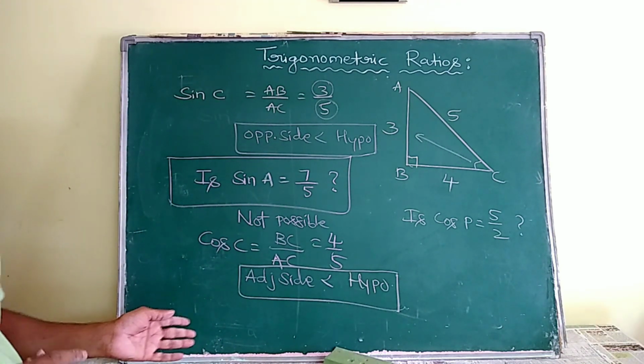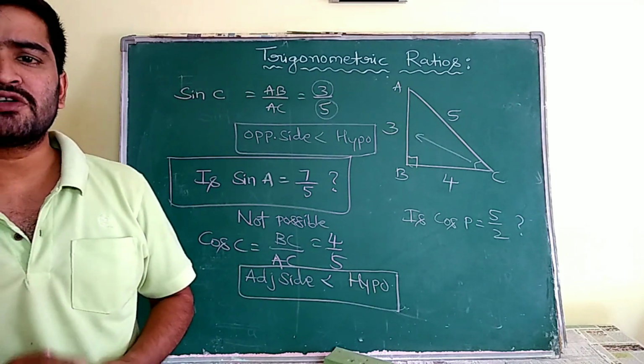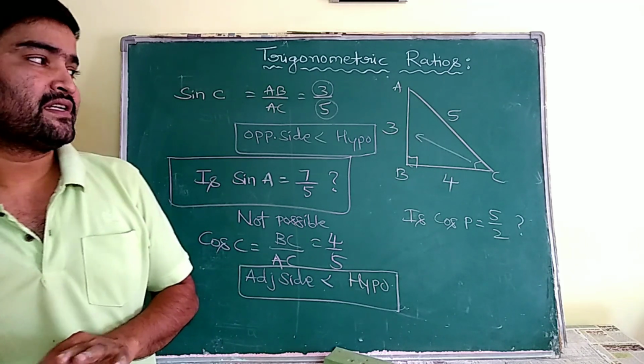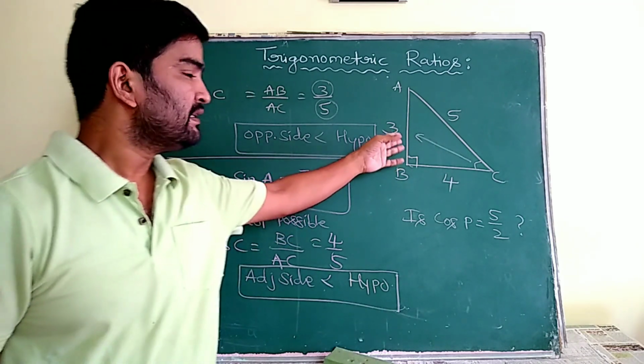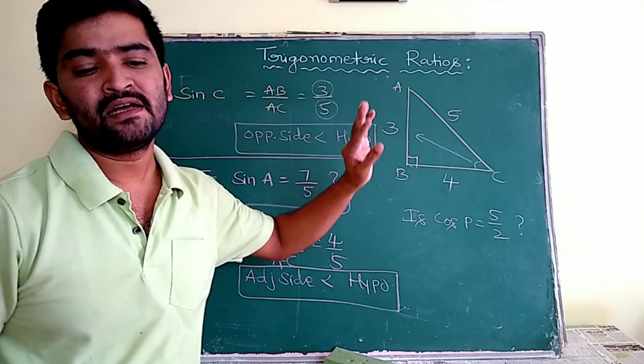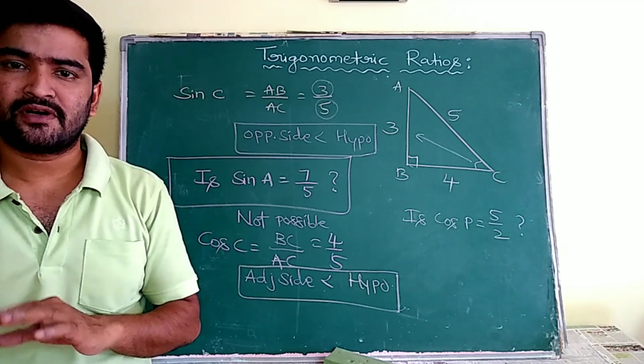Coming to tan and cot, those may be less than 1 or more than 1. Why? Because we are not going to specify whether the opposite and adjacent sides are lesser or greater. They may alter from time to time.